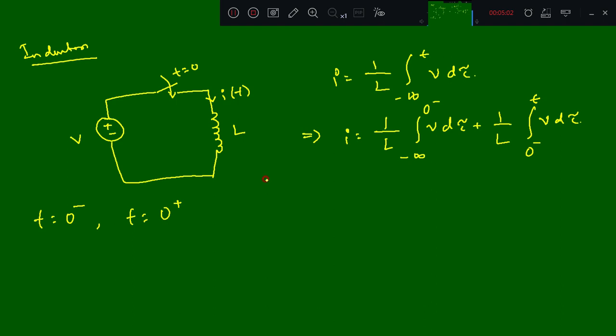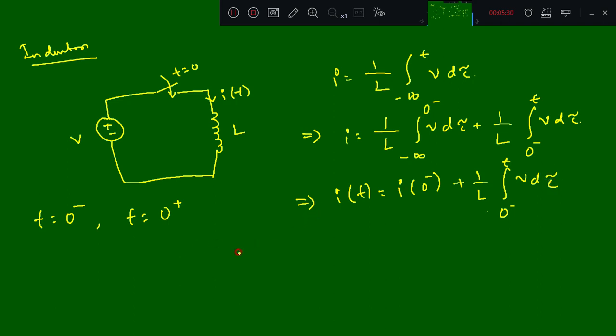So at this condition, I of t equal to I of 0 minus plus 1 by L integration from 0 minus to t, V of tau d tau.